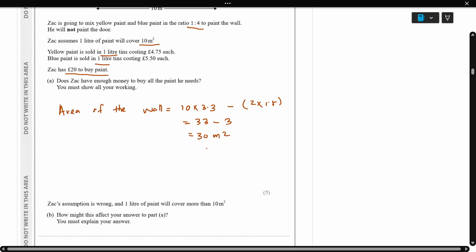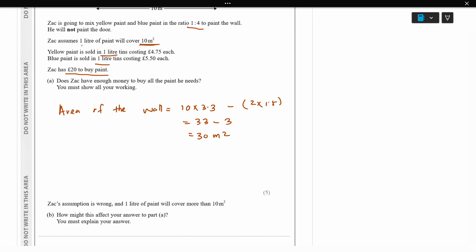For 30 square meters, since 10 square meters takes 1 liter of paint, we need 30 divided by 10, so 3 liters of paint is required.